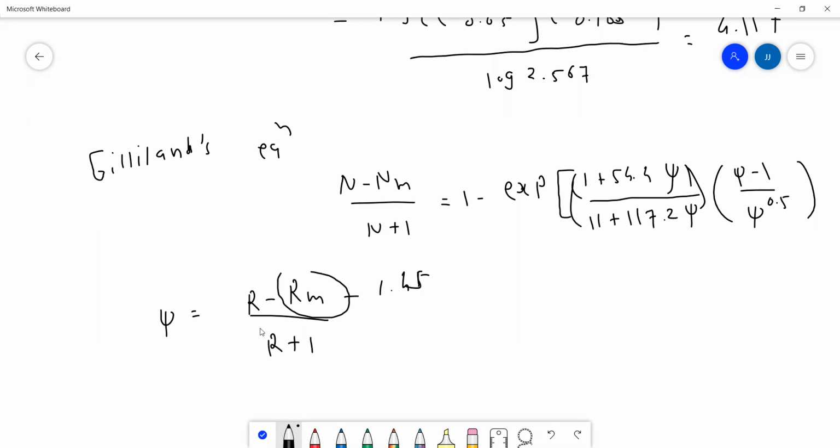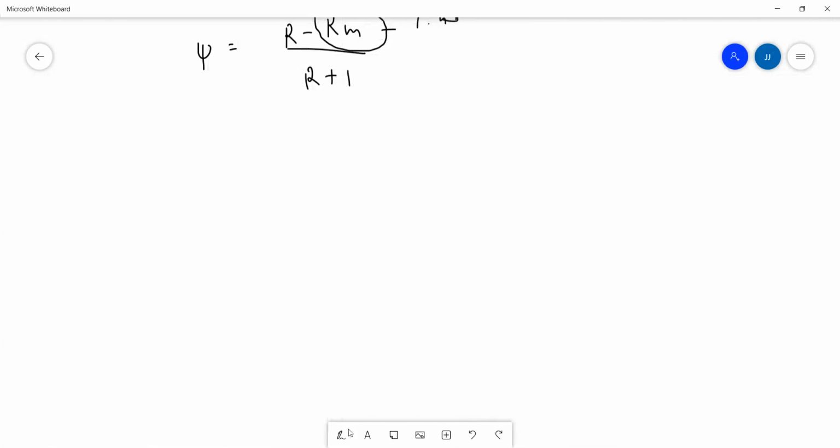Now what do we have to choose? R. So we will take different values of R, find psi, and substitute here to determine the number of theoretical stages, N. So let's do that. We have reflux ratio R, then psi, then N, the number of stages.